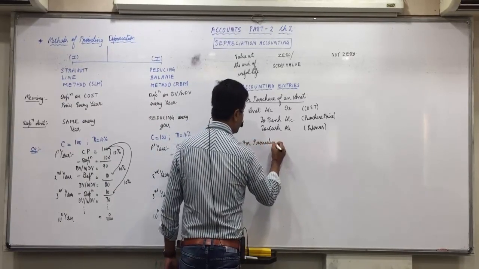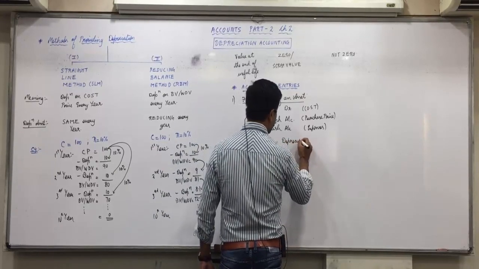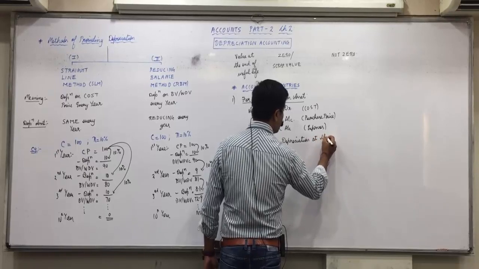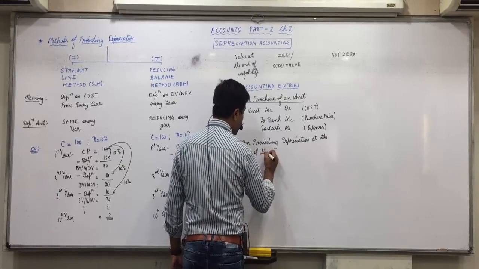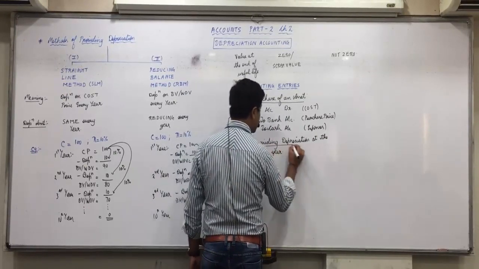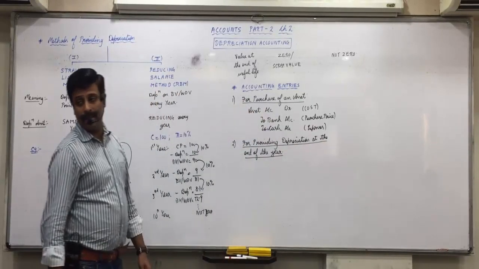Second, for providing depreciation at the end of the year. Either you provide the depreciation at the end of the year or at the time of selling it.